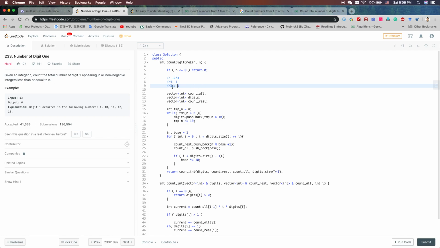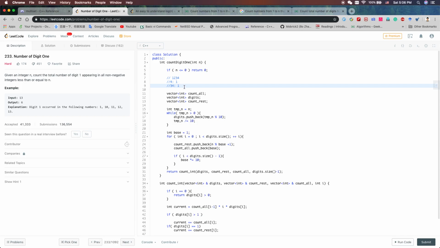And then, as long as the digit in the second base is 1, then no matter what digit is in the first base, we should count that number, right?